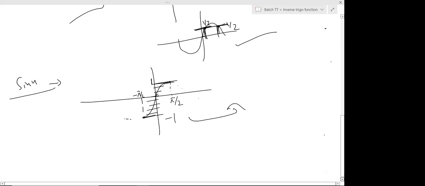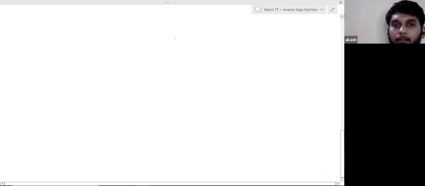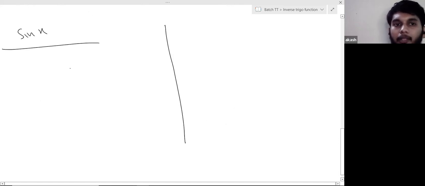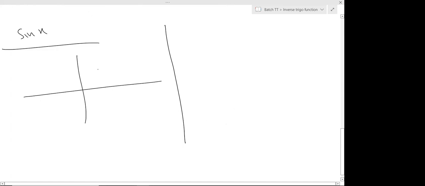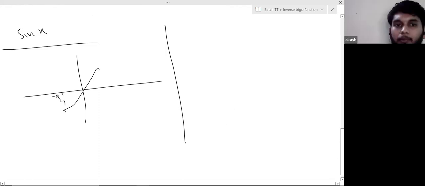Let me draw this graph very clearly. This is sin x. We'll make a comparison. This is minus pi by 2, this is pi by 2, this is 1, and this is minus 1.